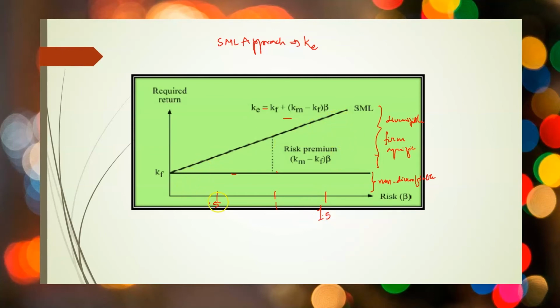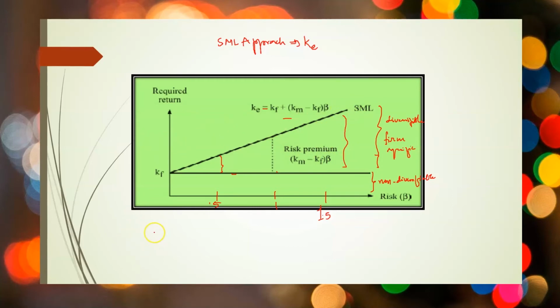Just see, when the risk level is 0.5, your risk premium is somewhere here. Whereas when it is 1.5, the risk premium is greater. The risk premium is higher, because of which the expectation will also be higher.